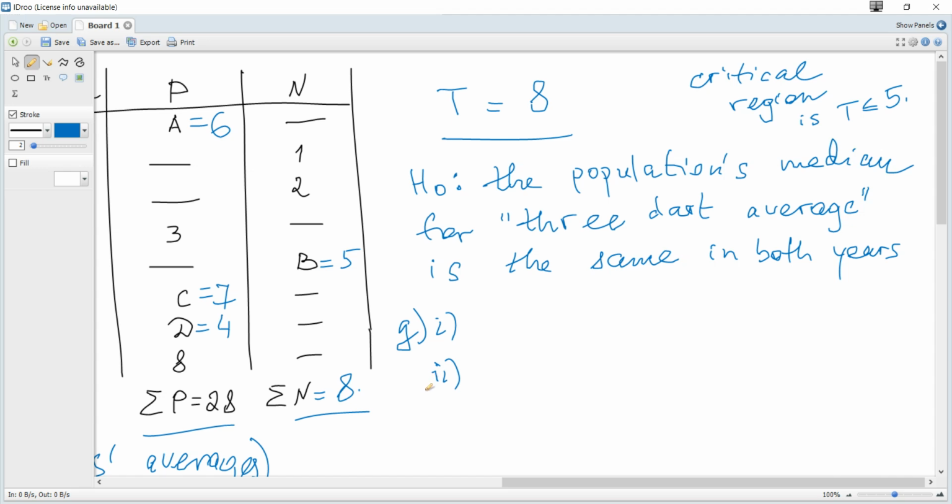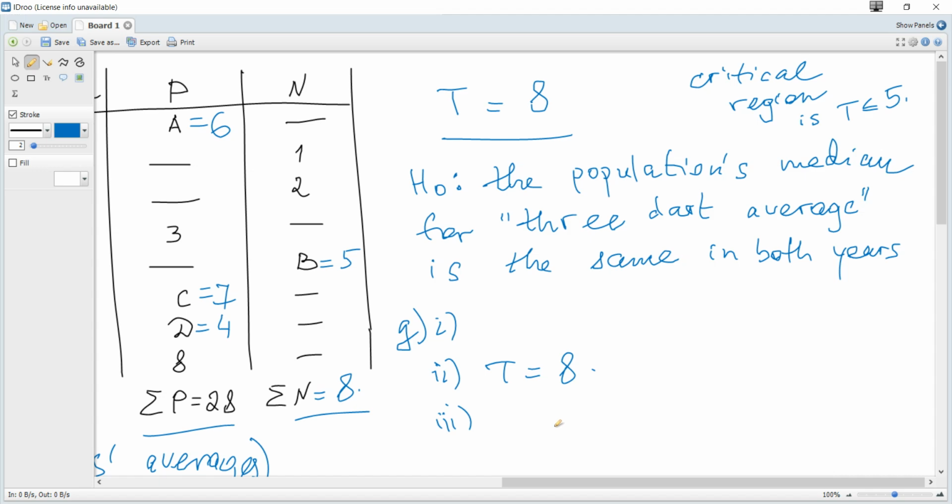The next, write down the value for the test statistic T, it's 8, and determine the conclusion of the test in context, 2 marks.